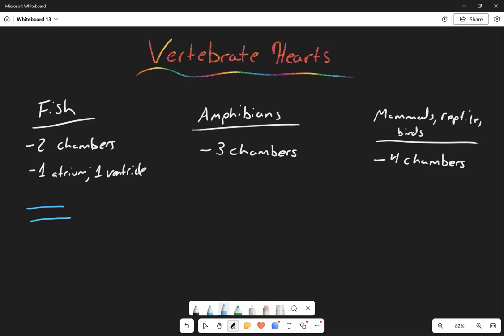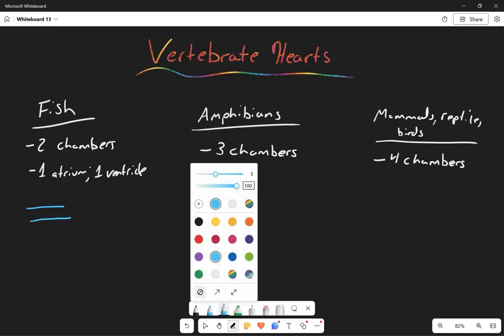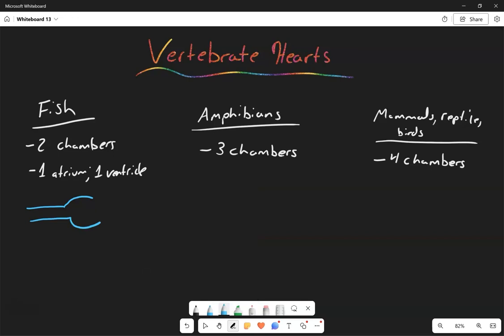right, returning from the body, and it's going to go into this larger chamber here, which is going to be the atrium. Okay? And then the atrium is connected to a larger chamber, like so, which is called the ventricle.